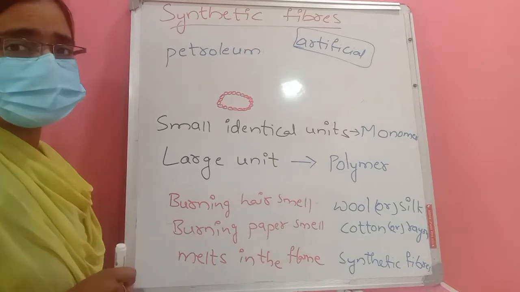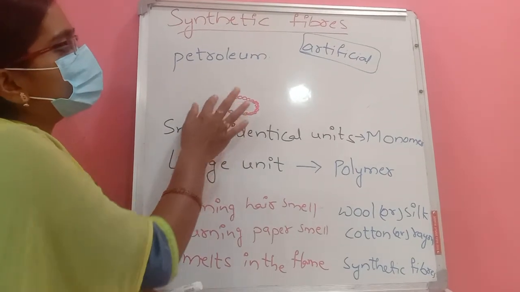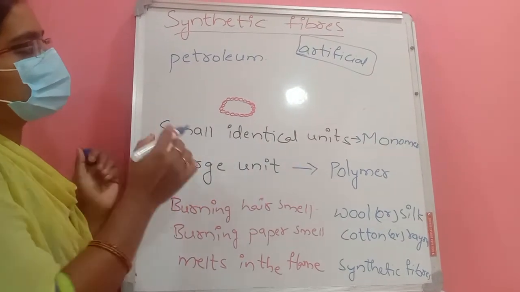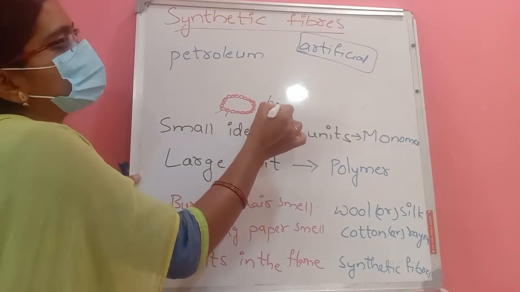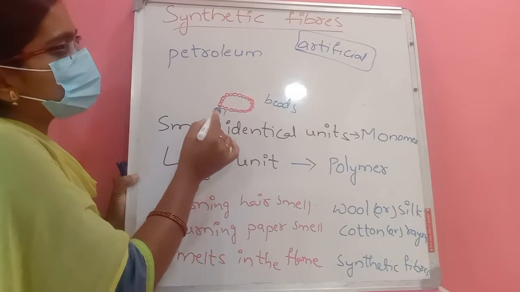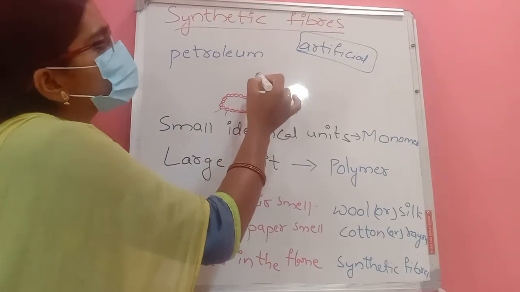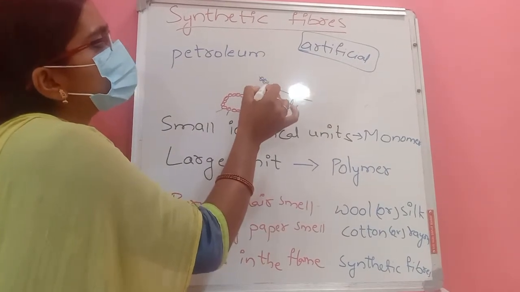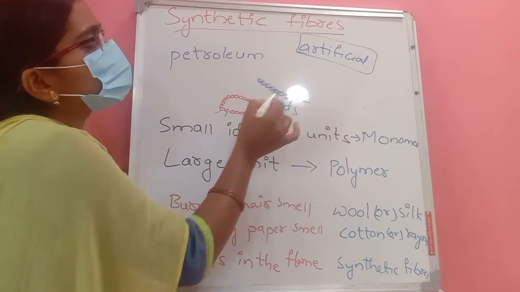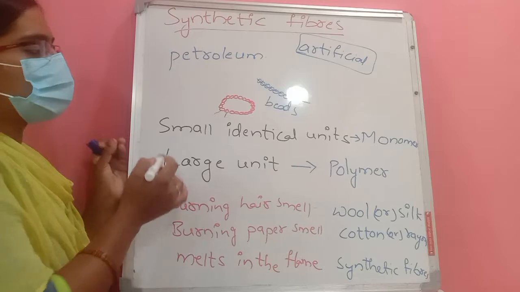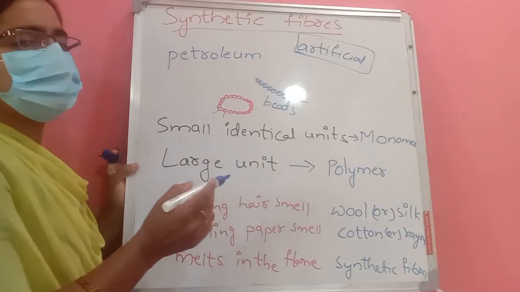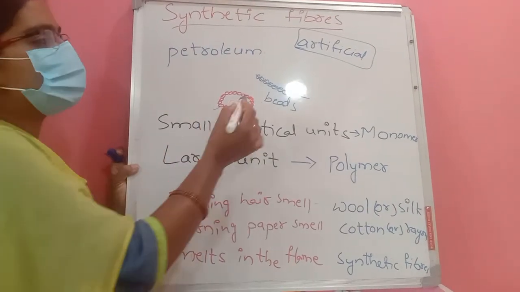All these synthetic fibers are like a chain. In a chain, all these are beads, all these beads together with a thread. In the same way, synthetic fibers have very small identical units, the same type of units like these beads.